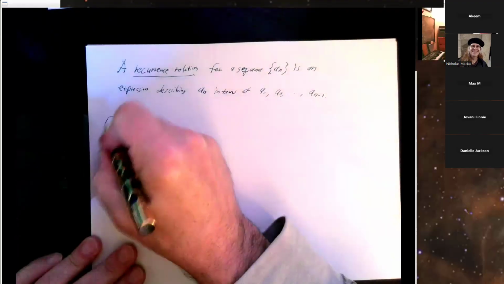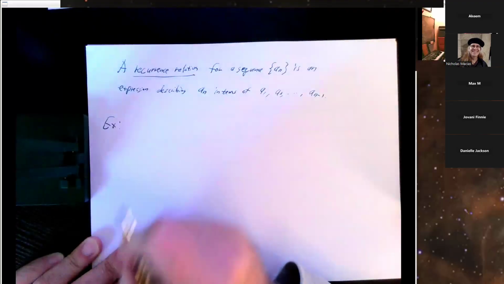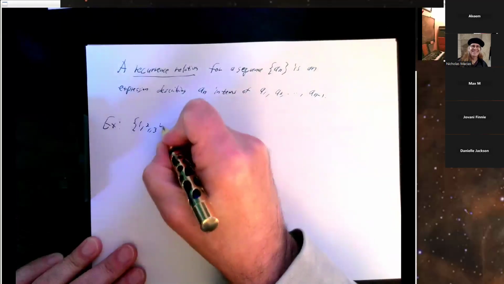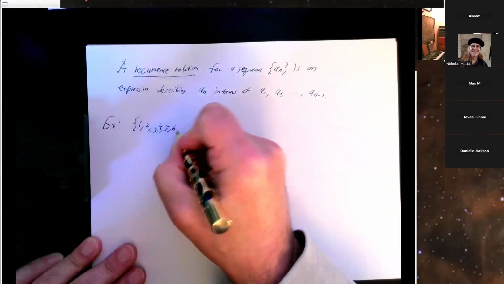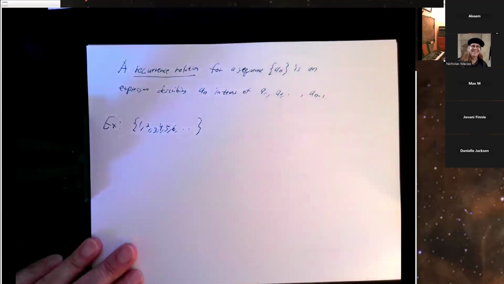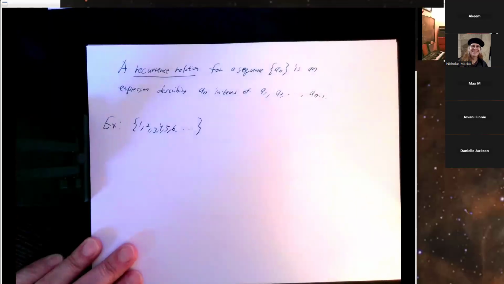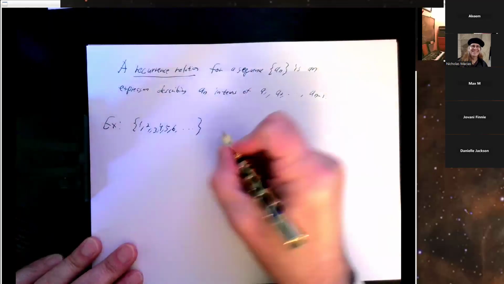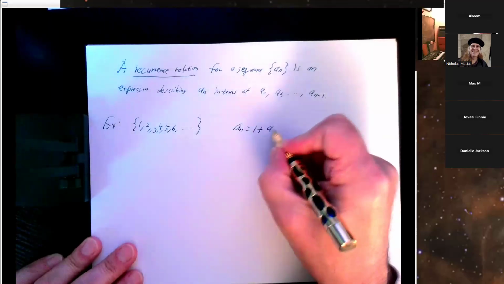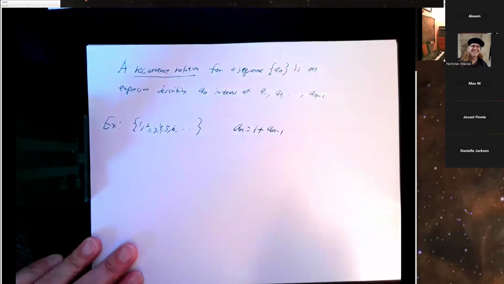So let's look at some specific examples. So here's the sequence 1, 2, 3, 4, 5, 6, and so on. Sequence of consecutive integers. A recurrence relation would be something like this. The nth term is just 1 plus the (n minus 1)th term.